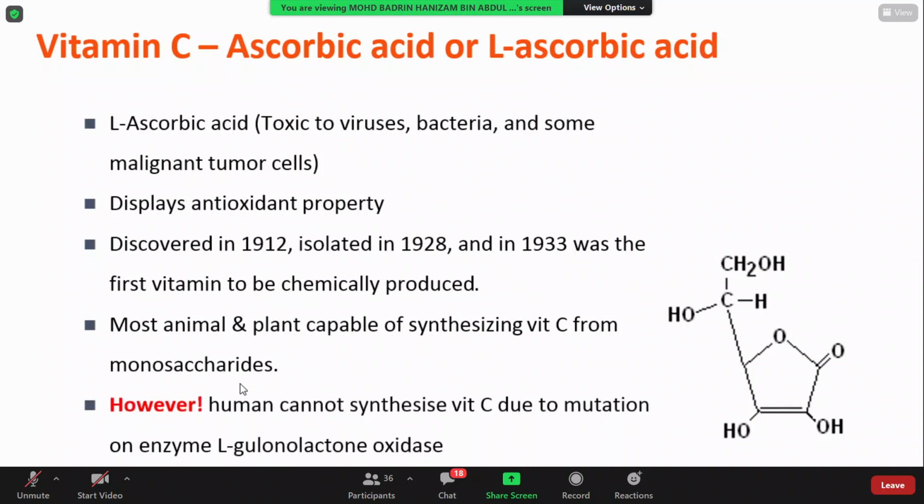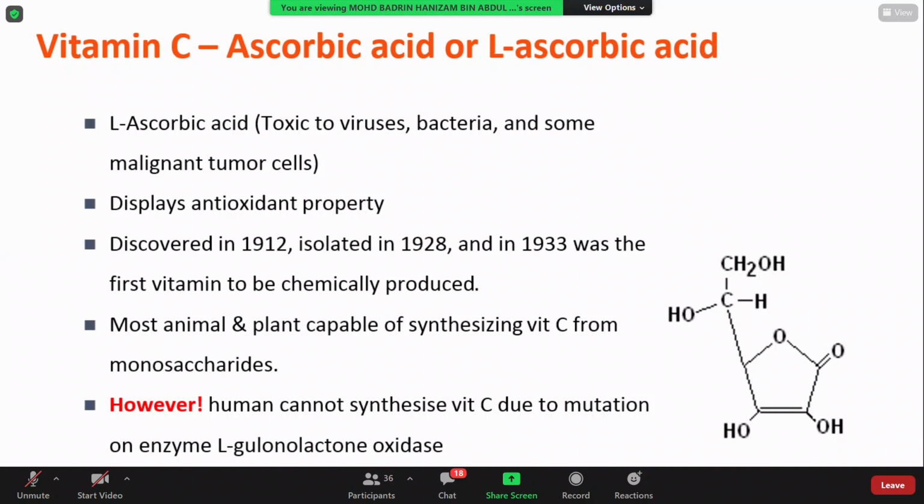Most animals and plants are capable of synthesizing vitamin C from monosaccharides. However, we as humans cannot synthesize vitamin C due to a mutation that occurred in the enzyme L-gulonolactone oxidase.